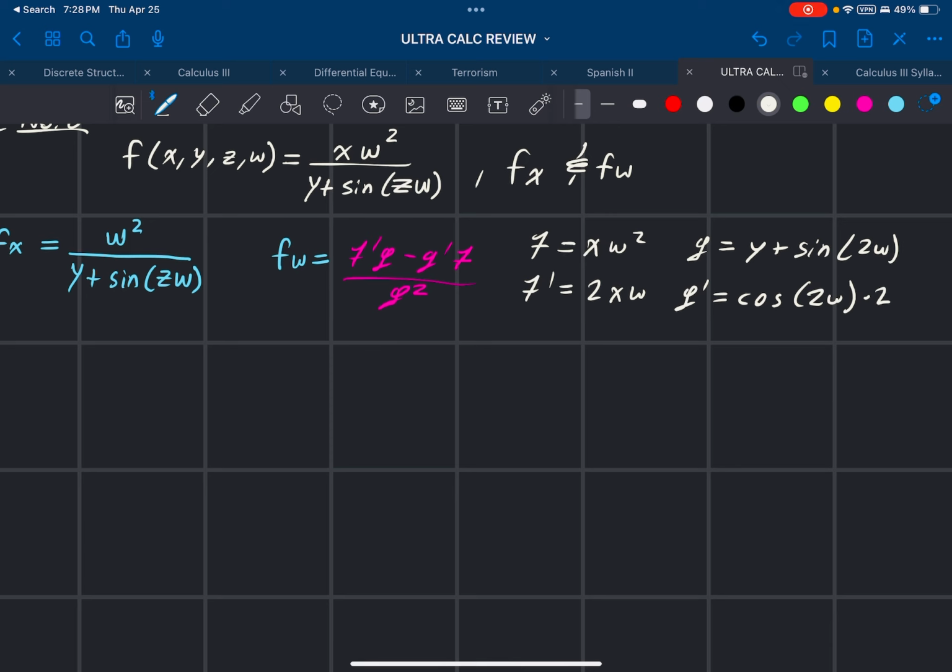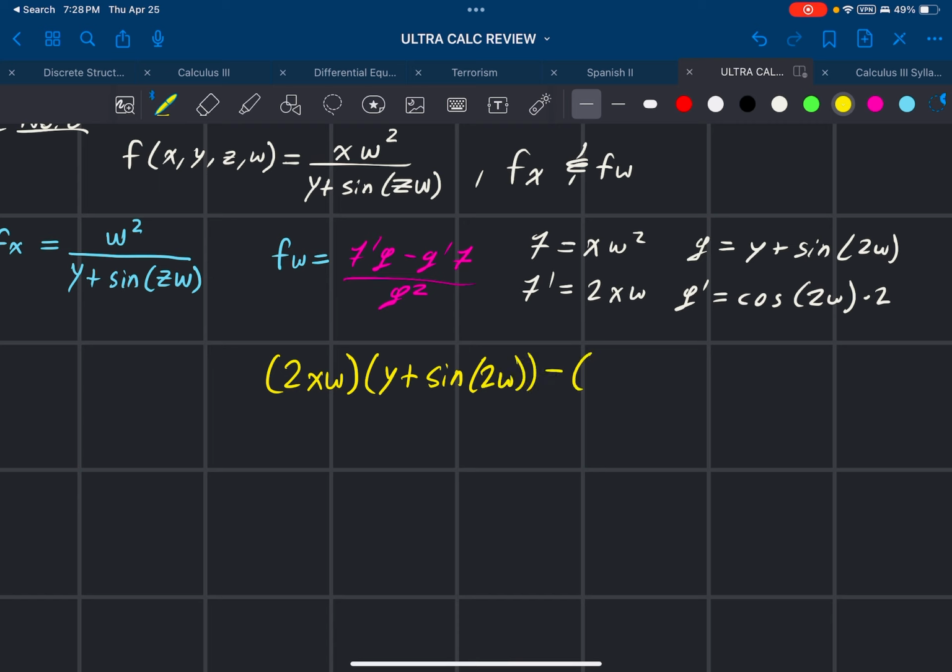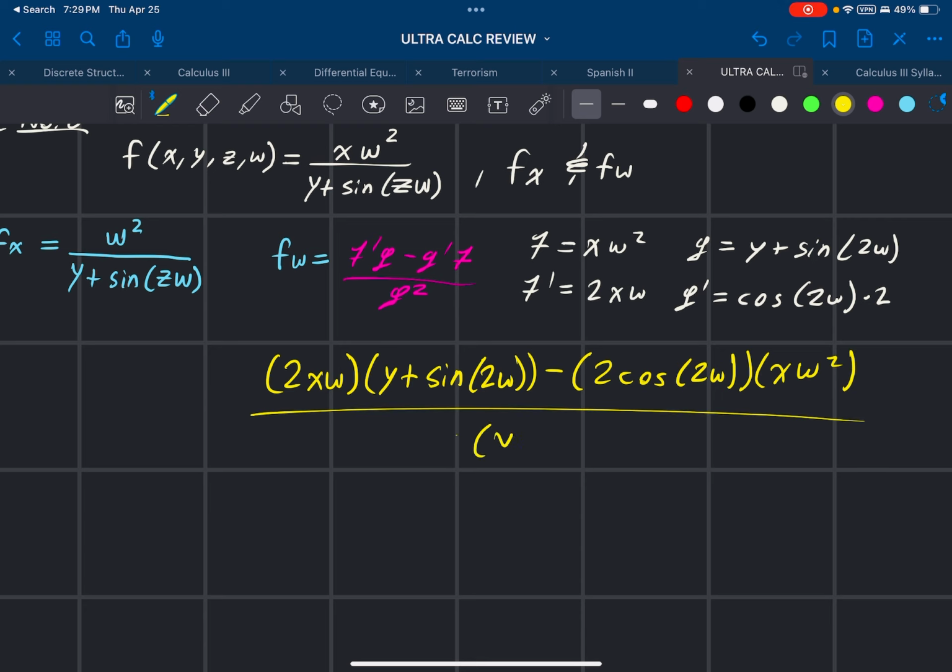So this is actually going to be kind of big. So, oh shoot. Okay, so altogether, this is going to be 2xw times y plus sine 2w minus 2 cosine 2w times x w squared over y plus sine 2w squared.